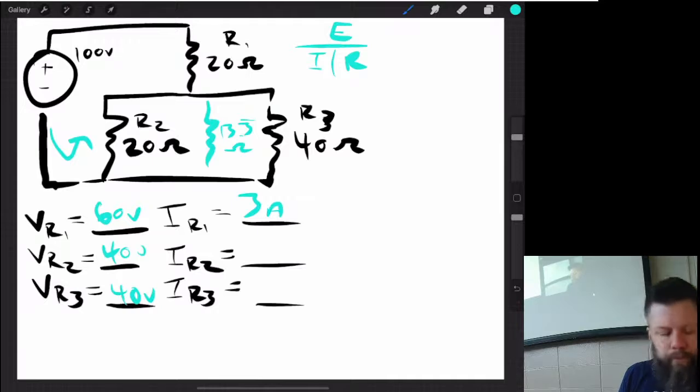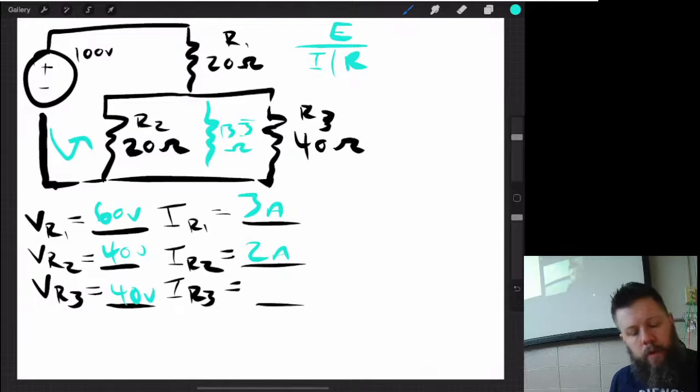Now we have 40 volts across a 20 ohm resistor. How much current is going through there? 40 divided by 20 is 2. And 40 divided by 40 ohms? How much current is going through that? 1 amp.